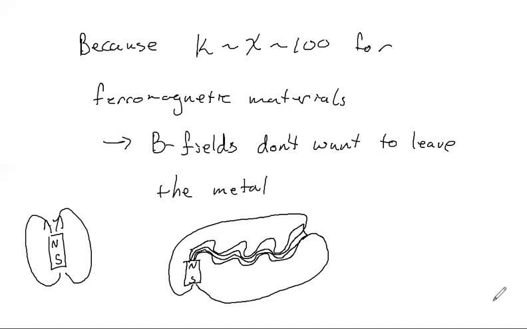I think we've all seen this effect. If I have a table and I have some paper clips here, and I hold a magnet way up here, the paper clips don't really respond if there's enough of a gap.